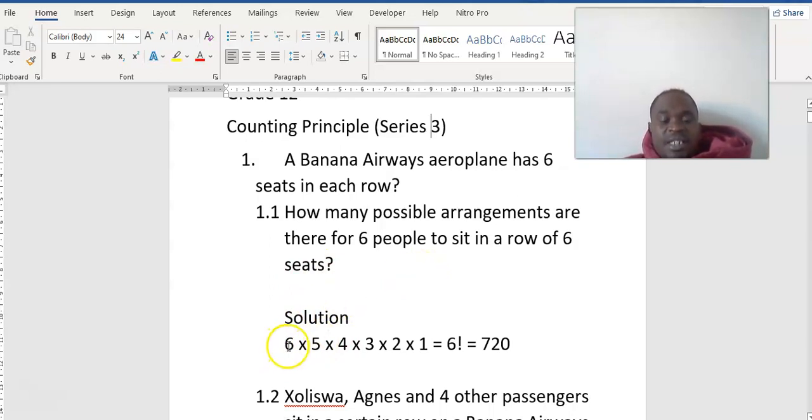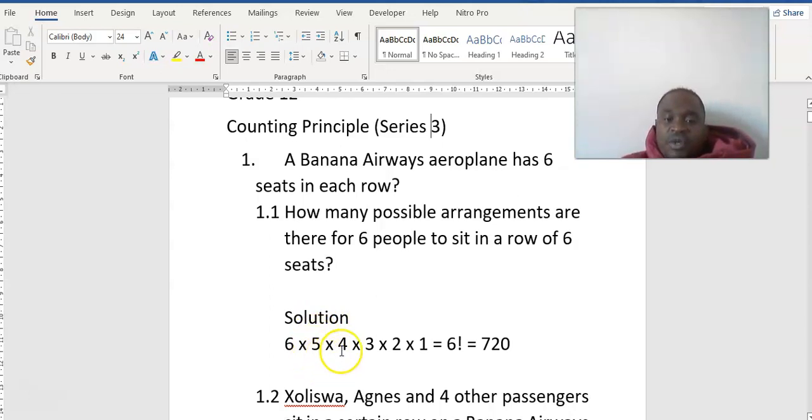Now if you take the first seat, any of the 6 people can sit on it. So we have 6 ways for that one. Then for the second seat we have 5, because one person has been used in the first seat, so it remains with 5 people, and any of them can sit on it.